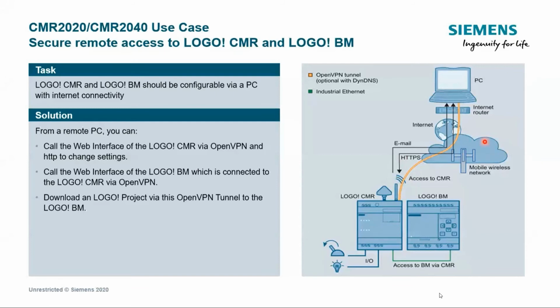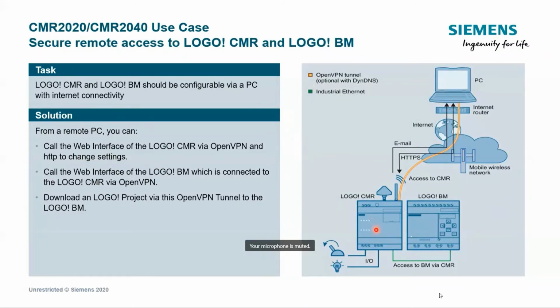It connects to the mobile network, and any PC connected to the internet that has the capability of establishing an OpenVPN tunnel, this orange line here, this is a VPN tunnel, can establish the connection here, and it allows the following. It allows calling the web interface of this CMR.